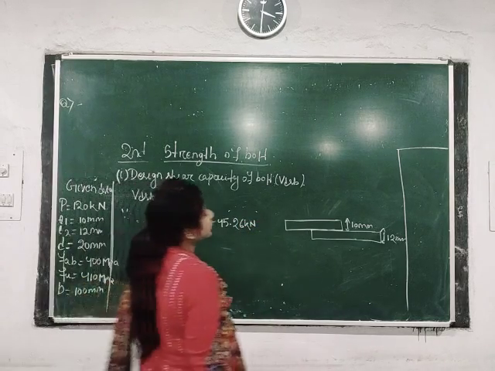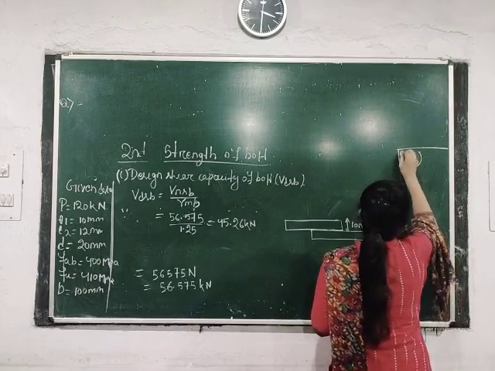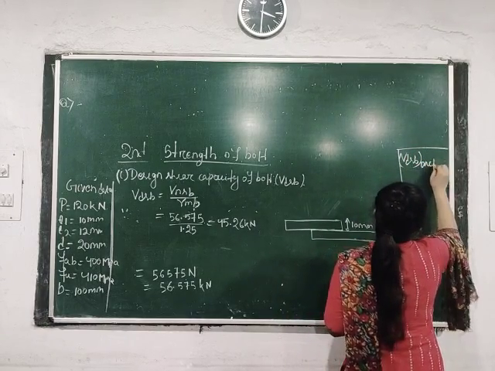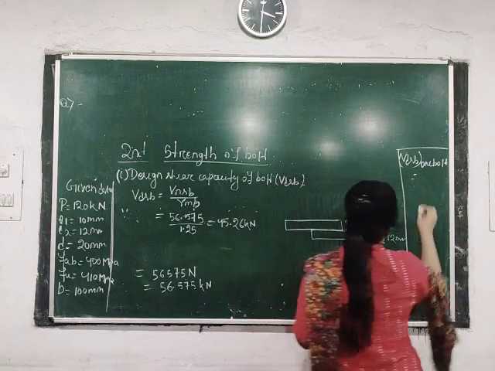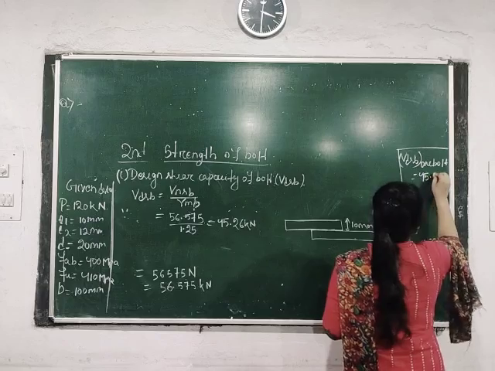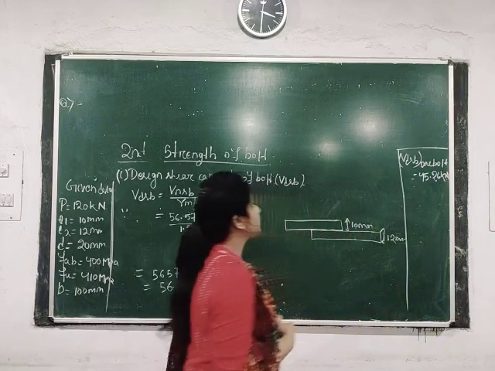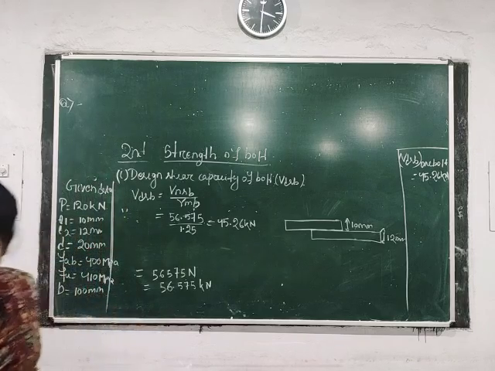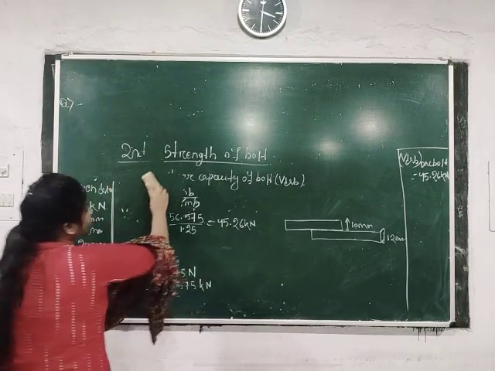So, we have calculated the design shear capacity for one bolt is 45.26 kilonewton. Okay. Then next calculate the bearing capacity of the bolt.